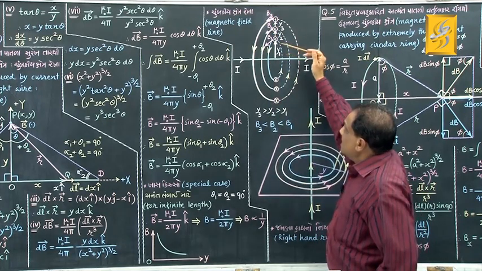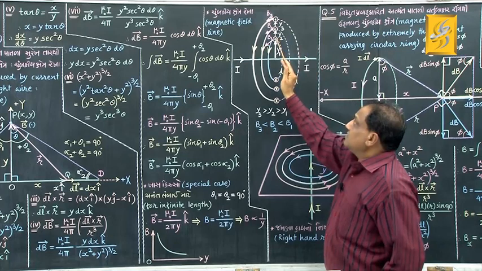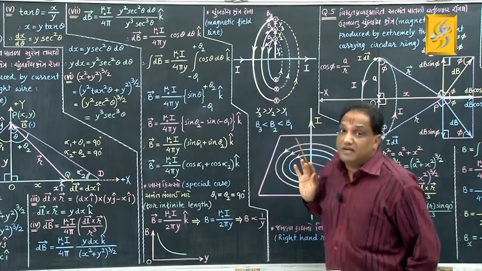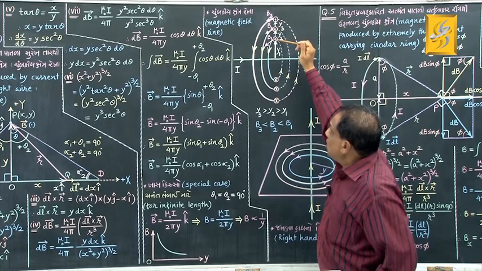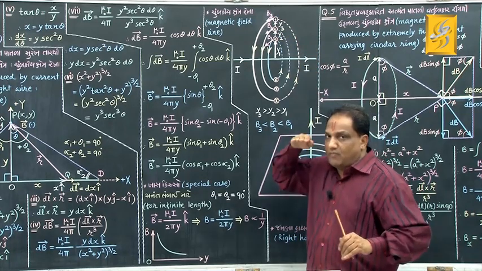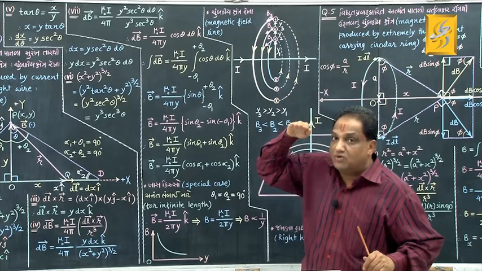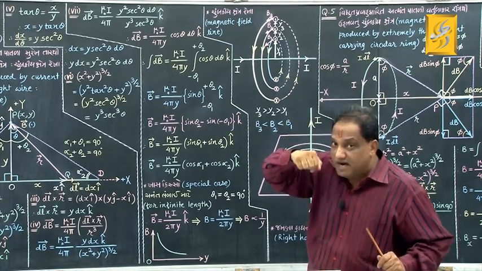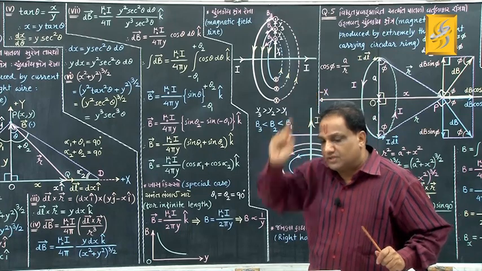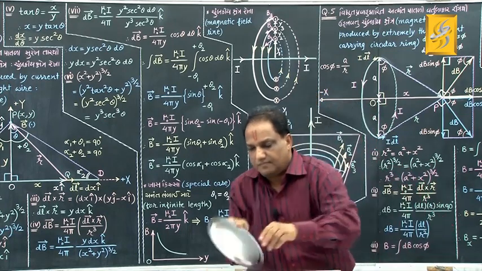As distance y keeps on increasing, the strength of magnetic field goes on decreasing, correct? And at each such point I am showing a dot just to indicate the direction of magnetic field perpendicularly outside the plane of the figure, correct? And if it is perpendicularly inside, then you must show a cross here.